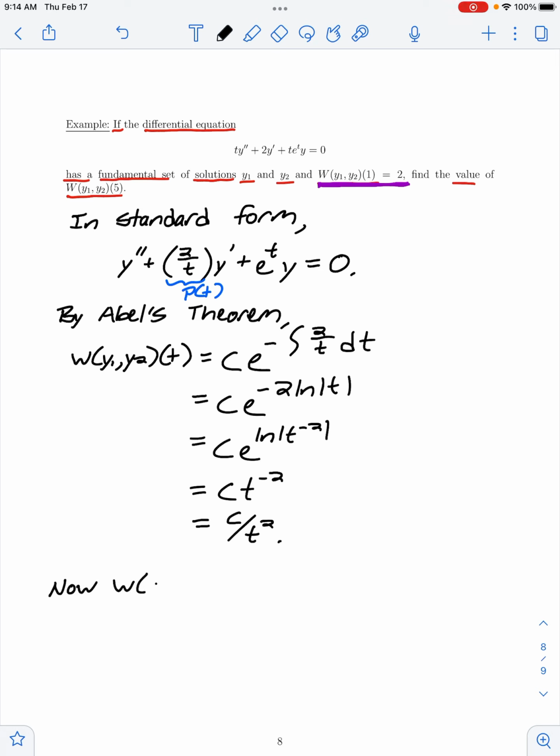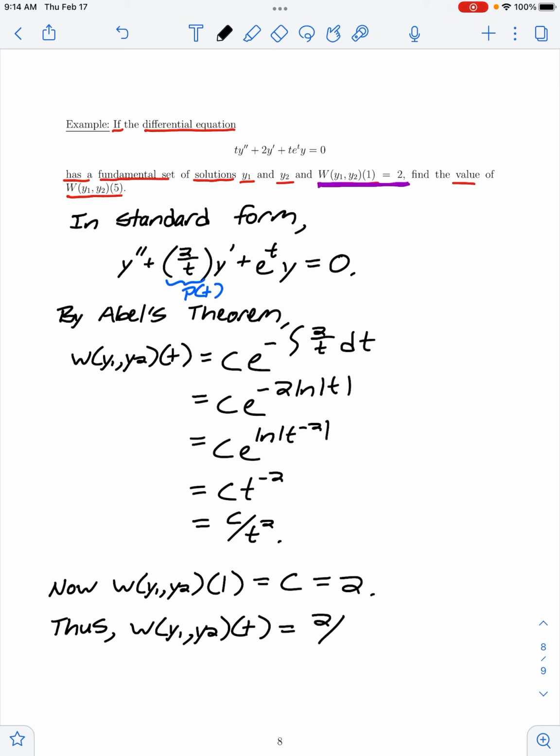Applying that condition, the Wronskian for this set of solutions at time 1 would be equal to c, and we were told that value has to be 2. So our Wronskian for this set of solutions, y1 and y2, at time t, is equal to our constant 2 divided by t squared.